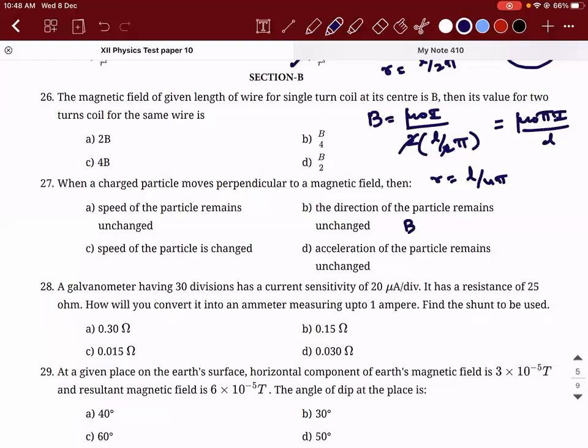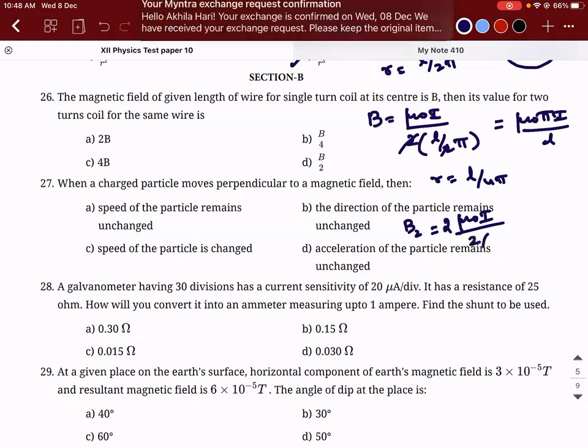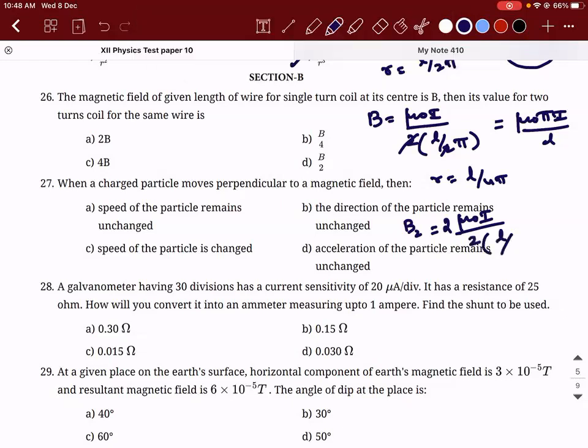So B2 will be equal to 2 into mu naught I divided by how much? Two into L divided by 4 pi. So 2 and 2 will get cancelled. It becomes 4 times mu naught I into pi divided by L. So this is B. It becomes 4 times.